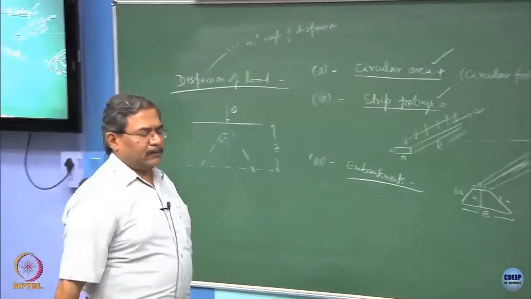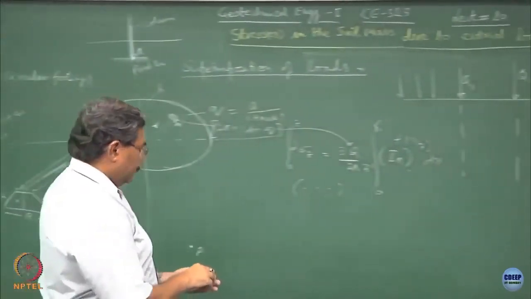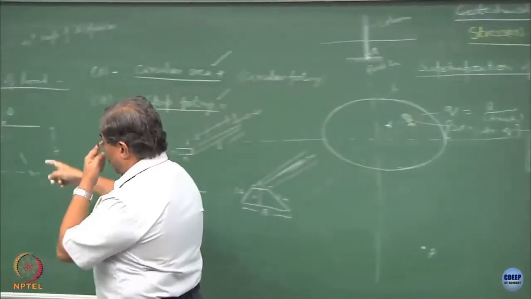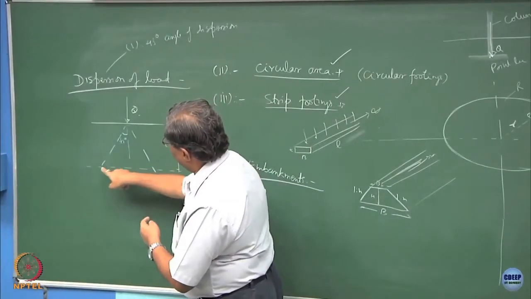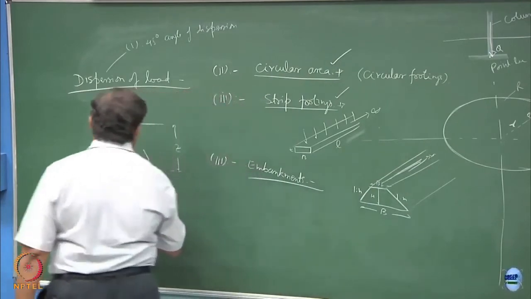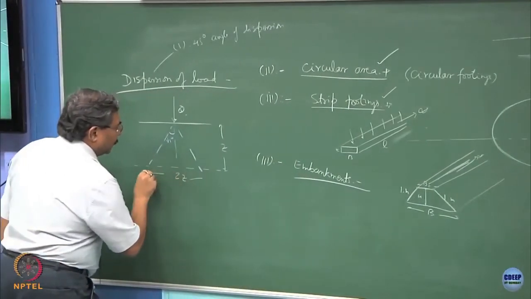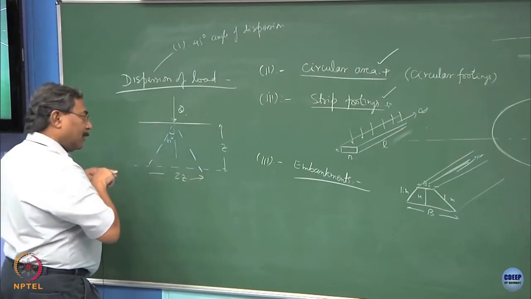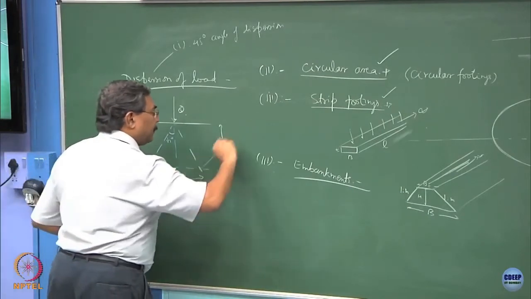These are thumb rules. So I am sure you can realize now, if this is Z at 45 degree, this is also going to be Z, clear, and this is also going to be Z. So basically Q has been delegated to 2Z, and then the third dimension is perpendicular to the board.